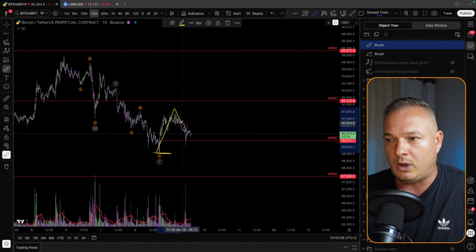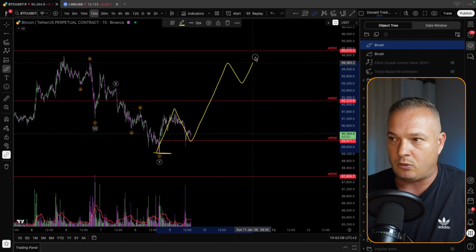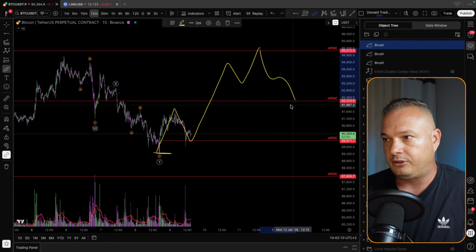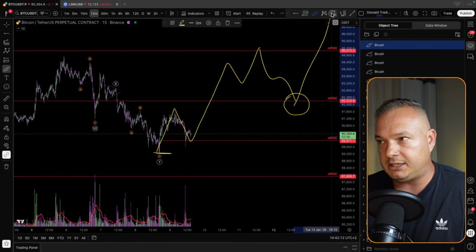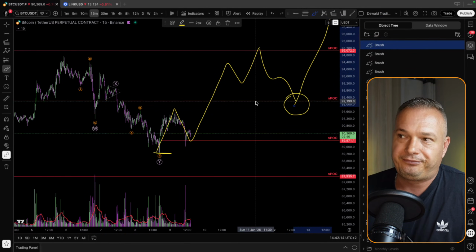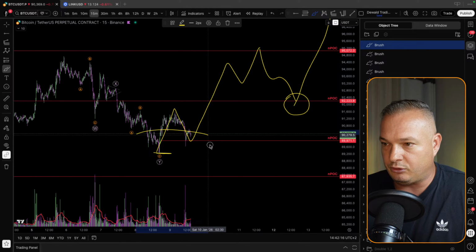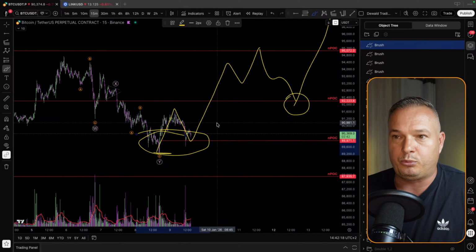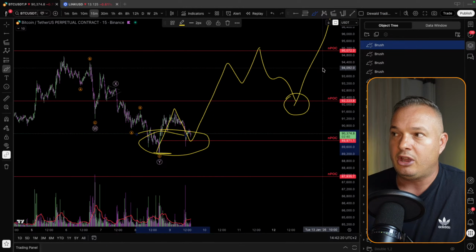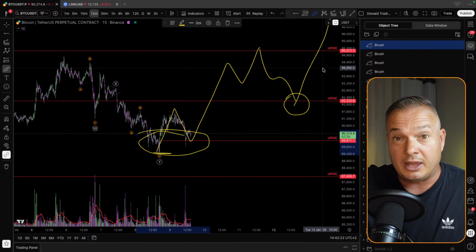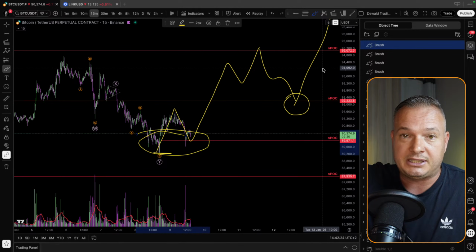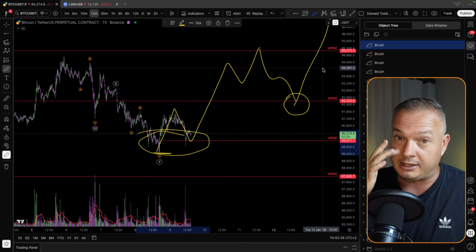We go up in a 1, 2, 3, 4, 5. You get a correction, longing opportunity, and you continue. So basically you build your position here and up we go. It's the most bullish case scenario, which can then take us to that 98,000, even the 50% Fibonacci that I've shared with you on the higher time frame.